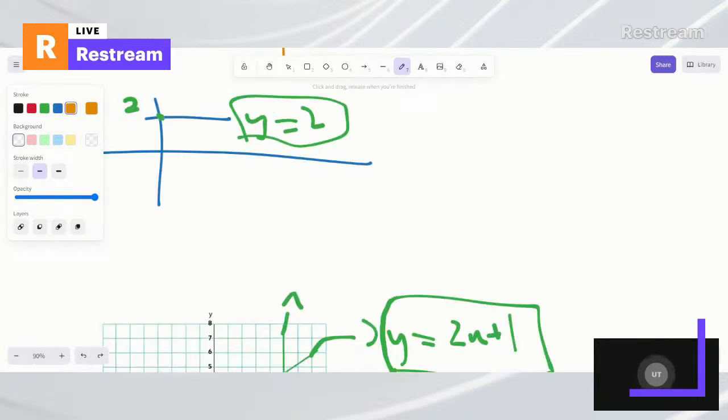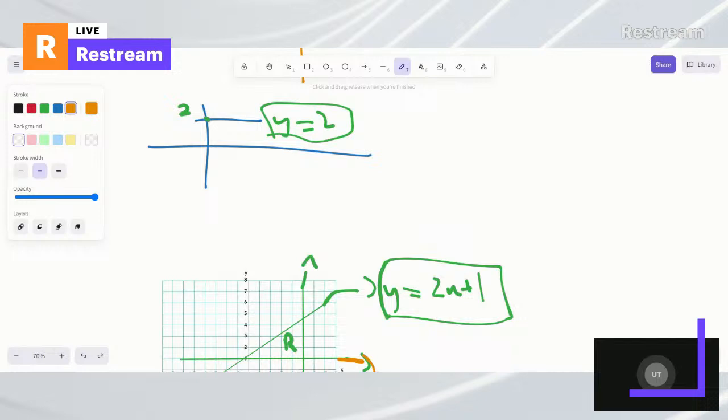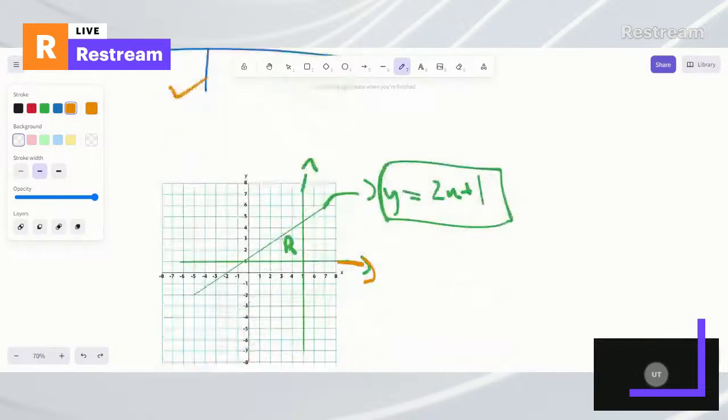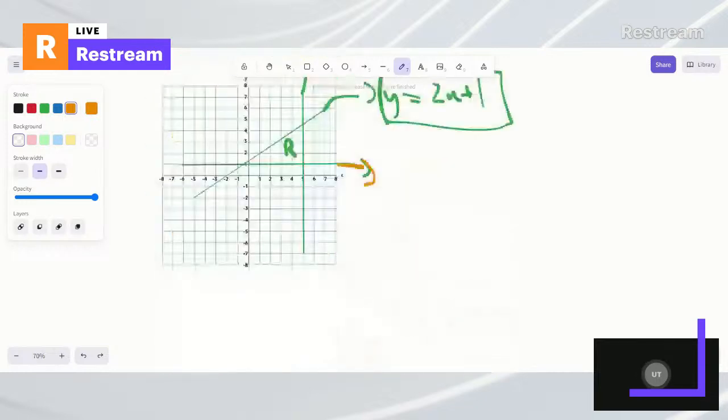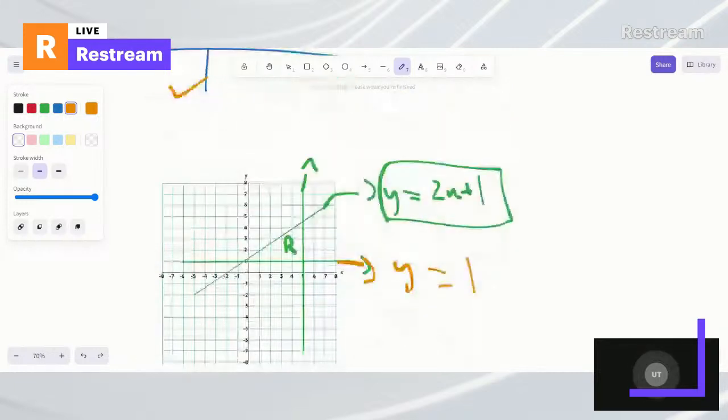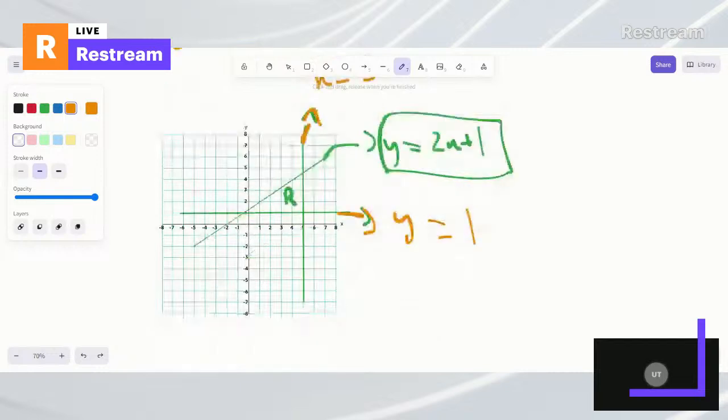Just to give you a hint, I have just shown you. The equation of this line would be y equals 1. And now what's the equation of this line? It's a vertical line, so the equation of this line would be x equals 5, because it's crossing 5 over here, right? And yeah, so this is the region.